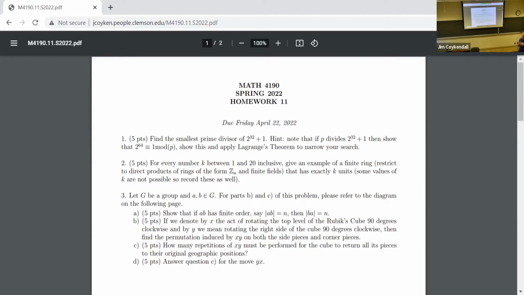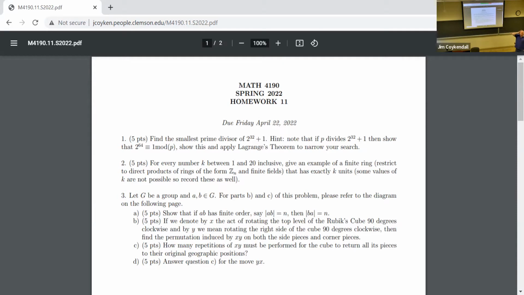So it can be anything you can put together: a direct product of 2 finite fields, 2 Zns, a single Zn, a single finite field, or 3 Zns, whatever. And the Zns can be different values, of course. So give an example for every number between 1 and 20, such that the example has exactly k units.